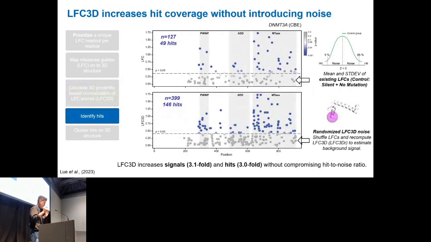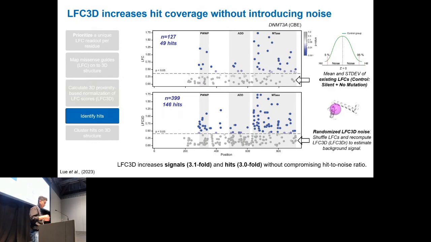So here I brought 2 results. The first part, the top, is about experimental results. You can see that from the DNMT3A case study, the experimenter got 127 LFC values or readouts from the experiment, and then 40 out of them are actually meaningful signals or hits. You can see them in blue. How can we identify these blue signals?